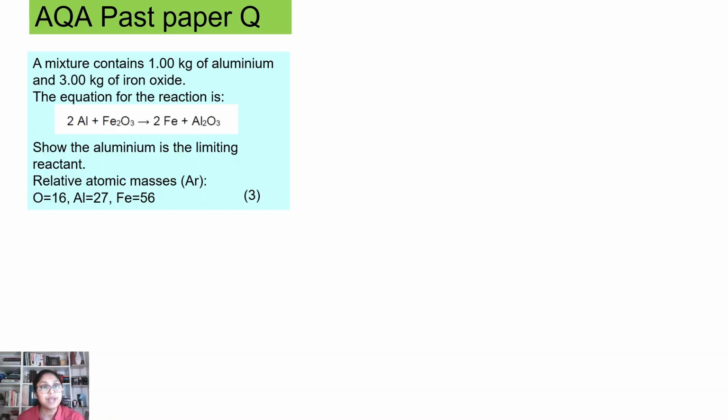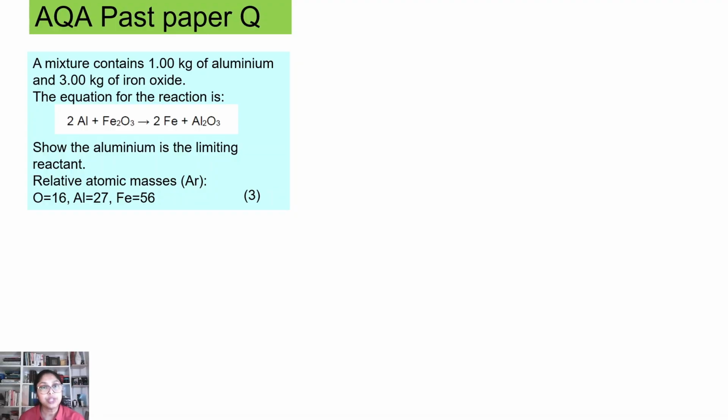In front of aluminium there is 2, so that means 2 moles of aluminium, and in front of iron oxide there is no number written, that means there is an unwritten 1. So 2 moles of aluminium react with 1 mole of iron oxide.